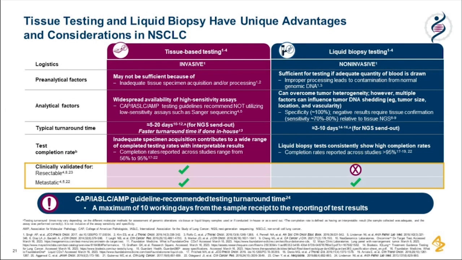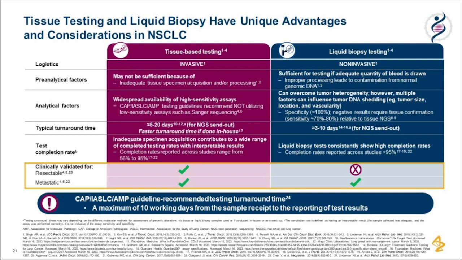Now, both tissue testing and liquid biopsy have advantages and considerations. With tissue, it's invasive. Liquid is more non-invasive. You've got your pre-analytical factors. Tissue may be insufficient because of inadequate tissue acquisition or perhaps even processing. Once the tissue biopsy is taken, if it's not promptly put into formalin and is left out, then bad things can happen to the molecular markers.